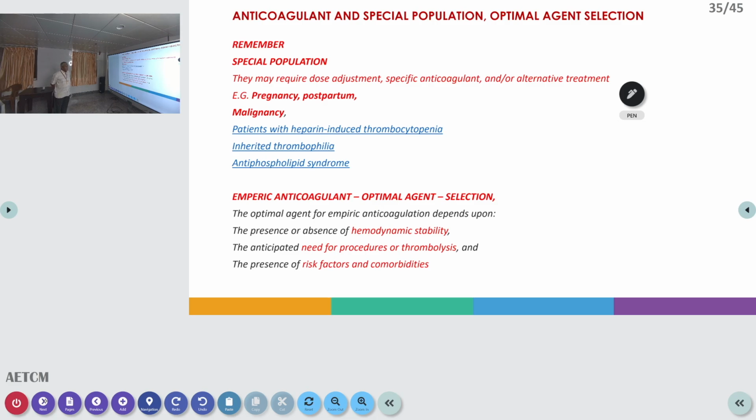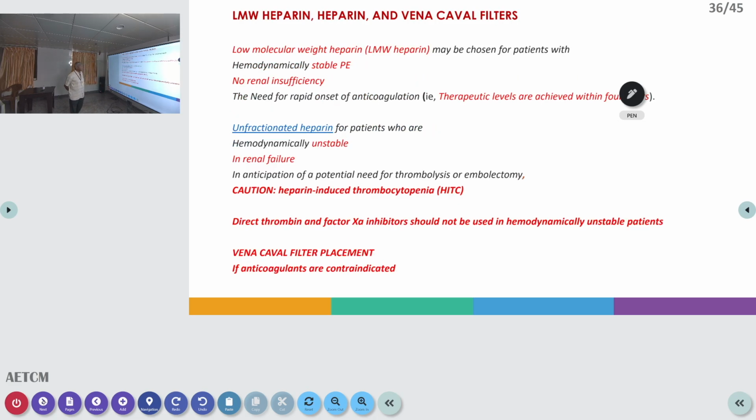Empiric anticoagulant, optimal agent selection depends upon certain factors. One is the presence or absence of hemodynamic stability. Number two, whether you are going to do any procedures like thrombolysis or non-surgical embolectomy or surgical embolectomy, and the presence of risk factors and comorbidity. These are certain factors which will decide the optimal agent selection regarding the anticoagulants.